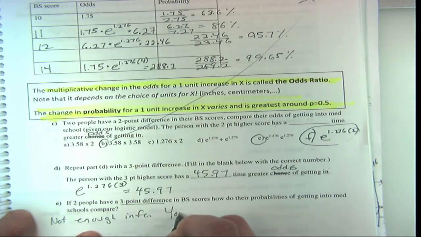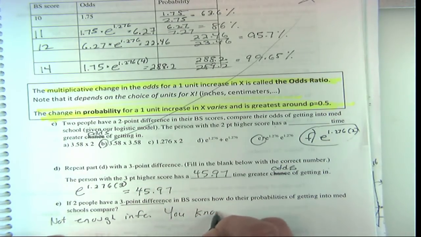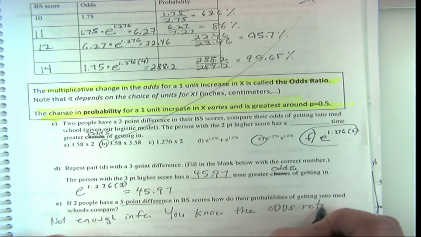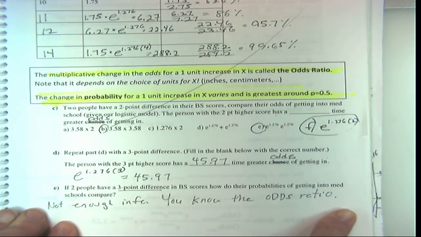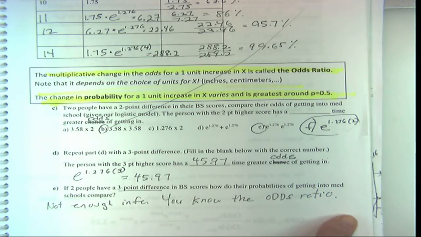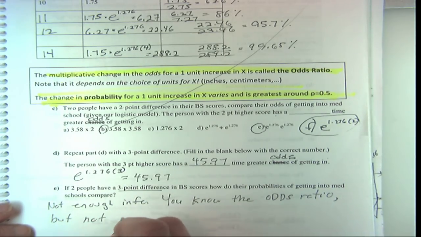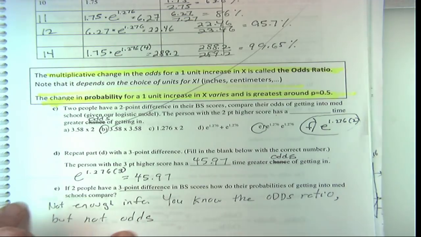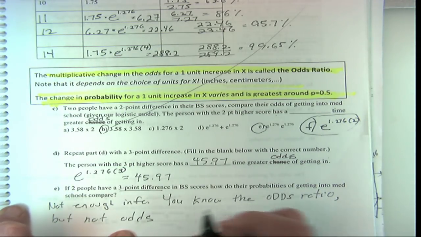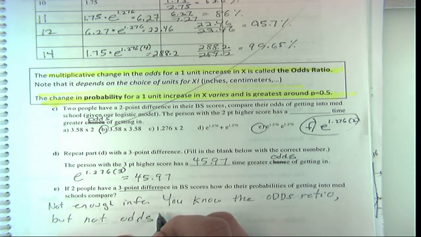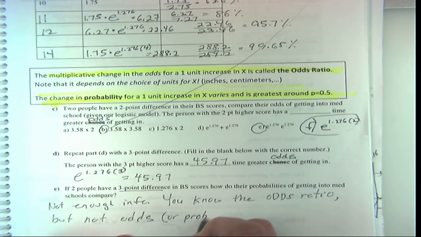Because you know the ratio, the odds ratio, the ratio of 2 odds, but you don't know their odds, and you don't know their probabilities. If you knew the odds, well, then you'd know the probability, right? Because the probability is just odds over 1 plus odds. You don't know the odds or the probability.